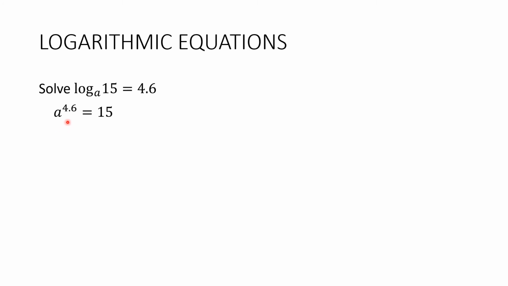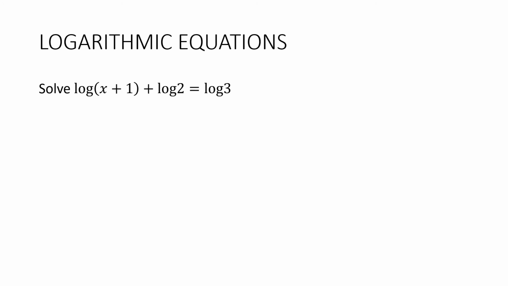If this was A squared, we would do the square root over here. So what's the opposite operation of a power of 4.6? You could do the 4.6th root of 15, but it's better in index form. So we want to do 15 to the power of 1 over 4.6. Putting that in the calculator, we get 1.802 approximately.